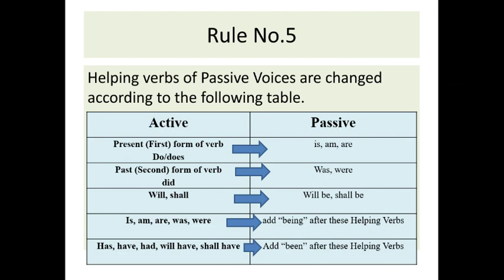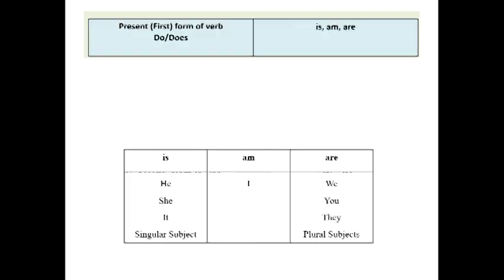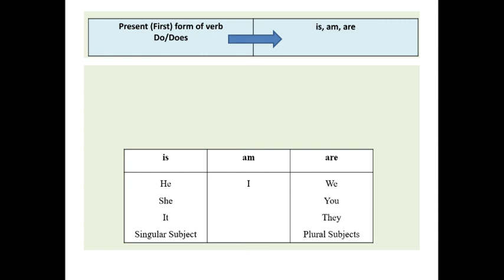So today we will do the first practice, in which the present form of verb or do or does, if these are used in active sentences, we will use the helping verb is, am, are. There is an example. He writes a letter.